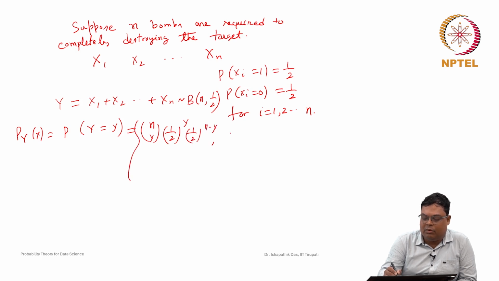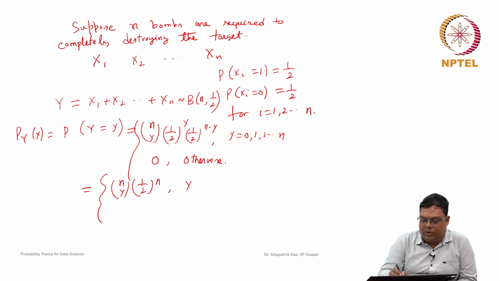Here p is 1 by 2, for y equal to 0, 1 to n, and 0 otherwise. Now, this can be simplified as nCy times 1 by 2 whole to the power n, because this is the advantage whenever the probability is half, we can simplify in this way.